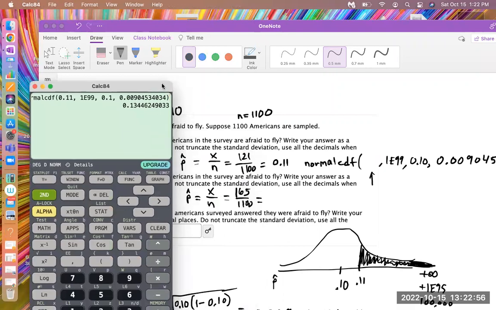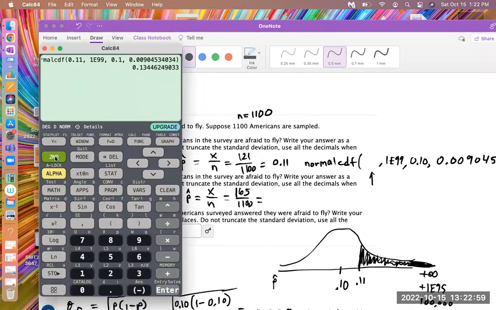So one thing I can do, since everything's so much the same, I can do second enter, and that gives me the entry that I just entered again. And now I can go back in and just change the 0.11 to 165 over 1100.